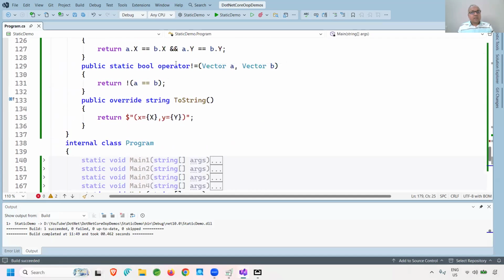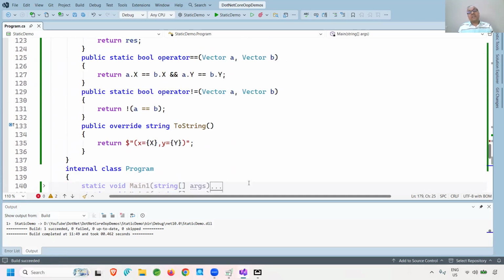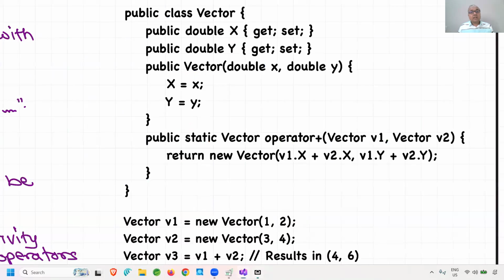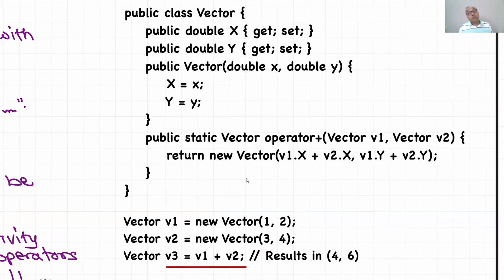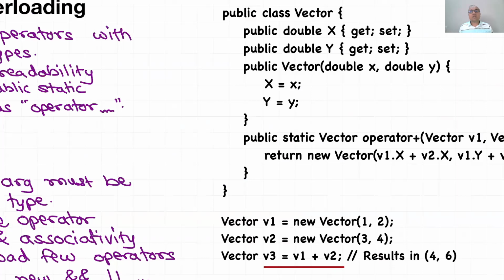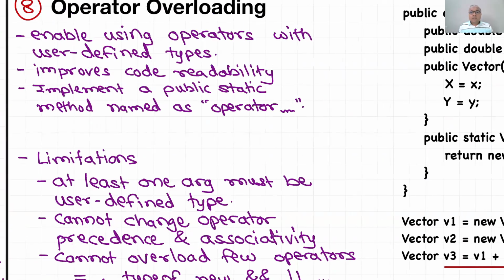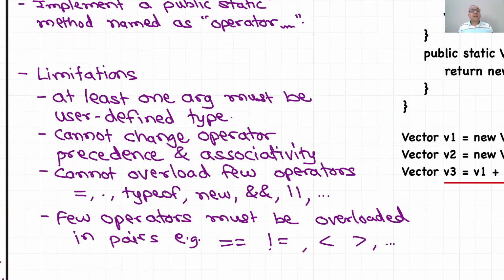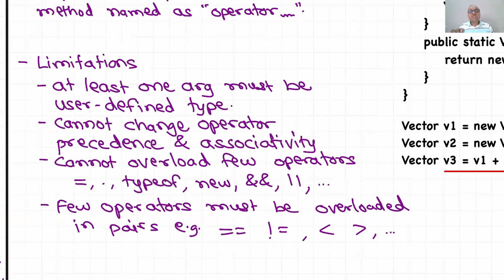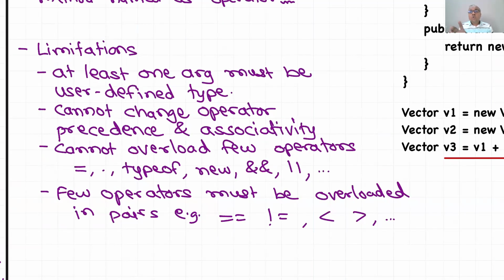So certain operators must be overloaded in pair. But there are some more limitations that you should note when you go for the operator overloading. So the first thing is at least one argument must be a user-defined type. You cannot overload the operator with only built-in types.